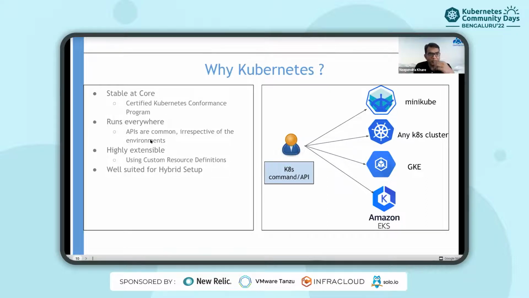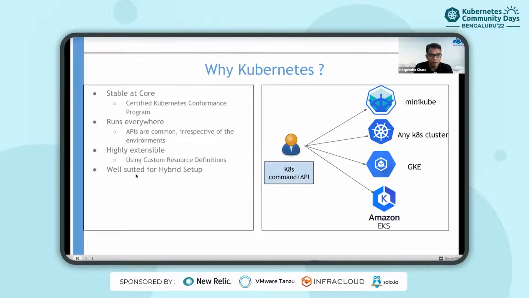So it can run everywhere, and it is very stable at core. Kubernetes is very minimal at the core, but you can extend it for whatever your needs are. Different companies are publishing their projects or software for Kubernetes as CRDs, as you call them, to extend Kubernetes for specific requirements.